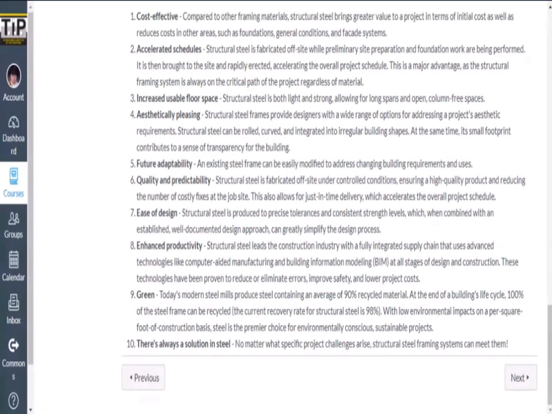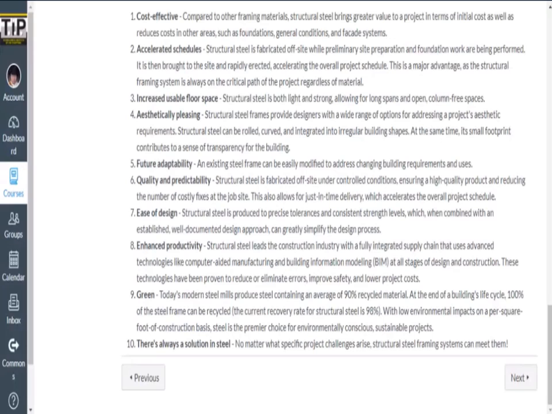That's why you can use steel for longer spans. Unlike for concrete, usually you cannot go beyond 10 meters. Based on my experience, you can use reinforced concrete for up to around 8 to 10 meters.